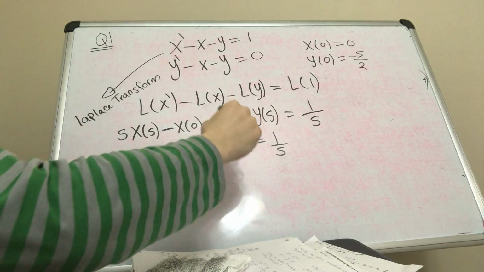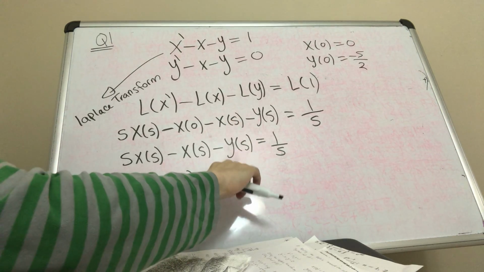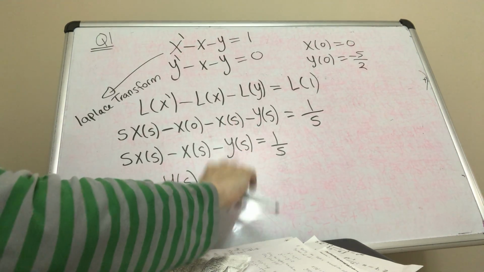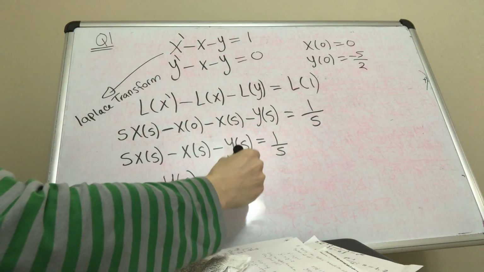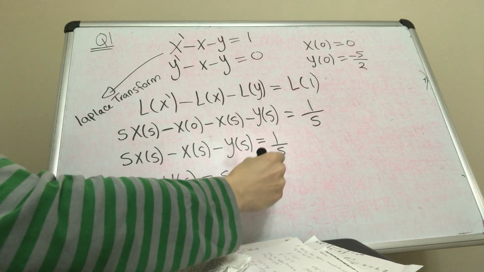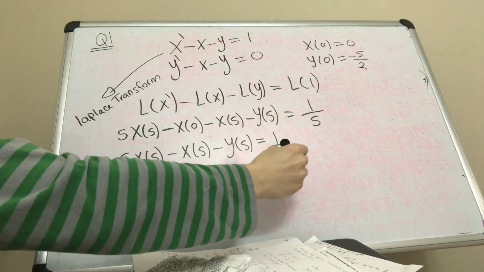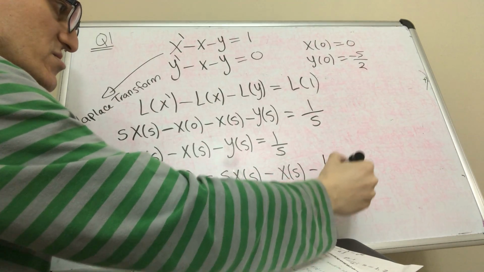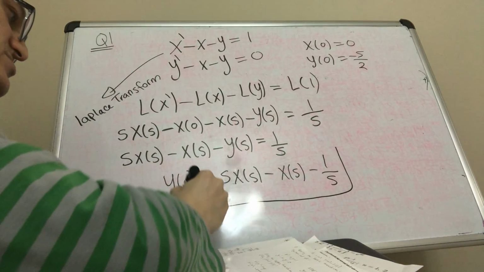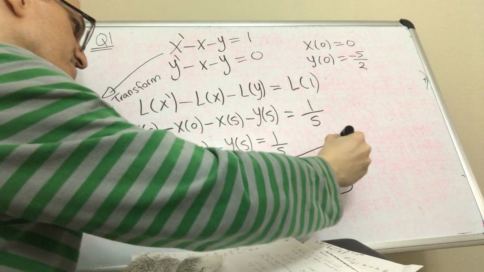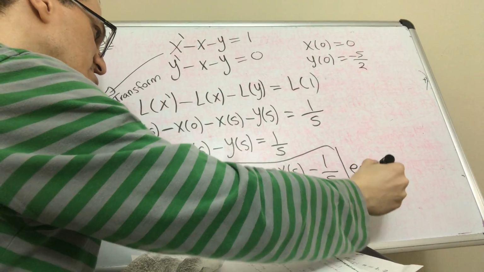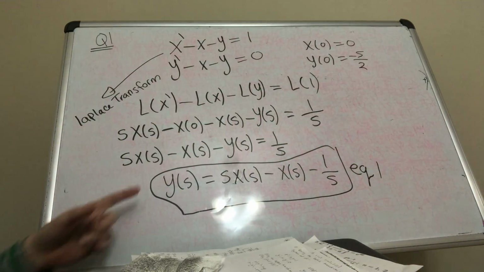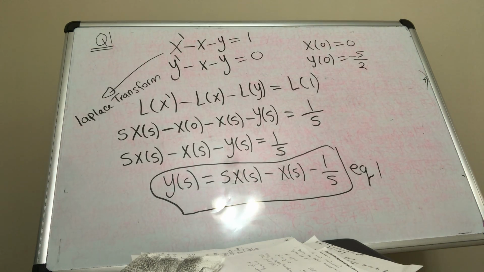And if I bring this over, I have s X(s) minus X(s), and bringing this over, 1 over s. I'll treat this here as equation number 1 for Y(s).